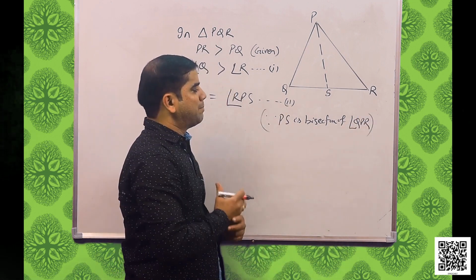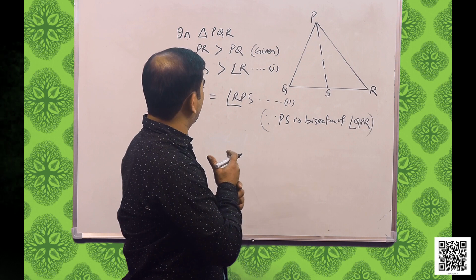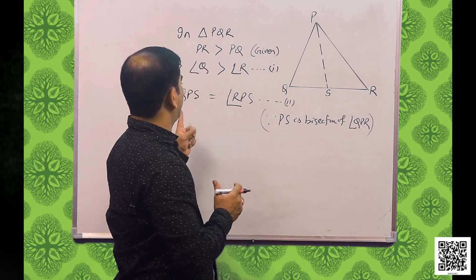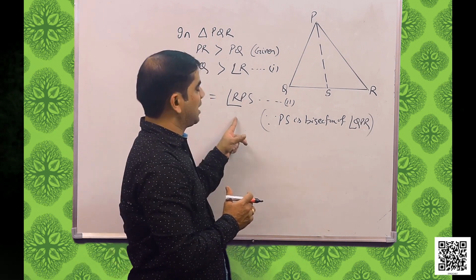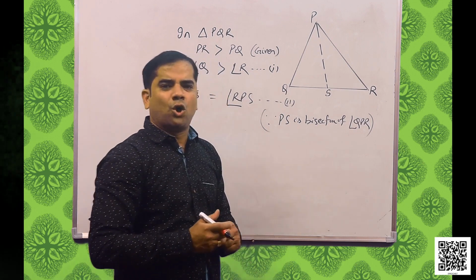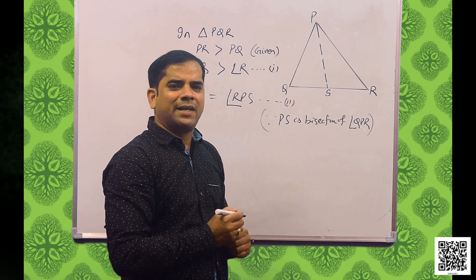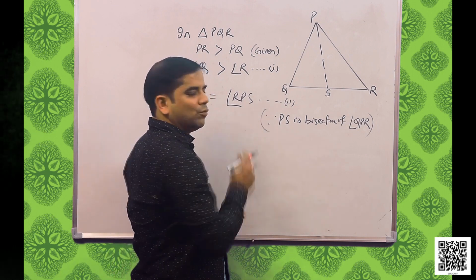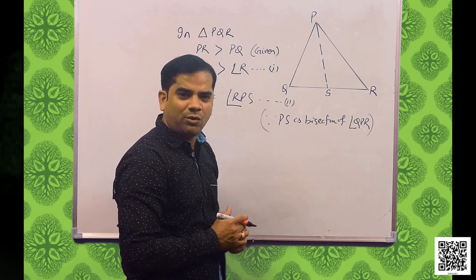So, as PS bisects angle QPR, that is why angle QPS is equal to angle RPS. Let me mark it as 2.